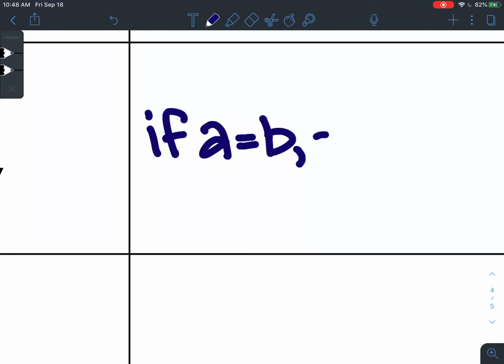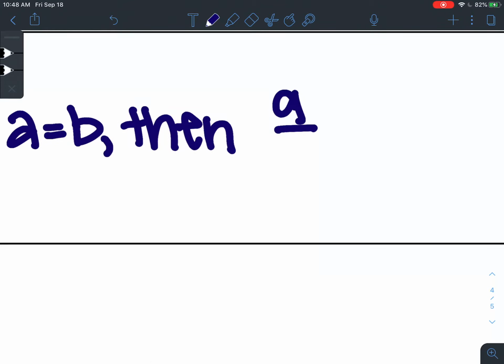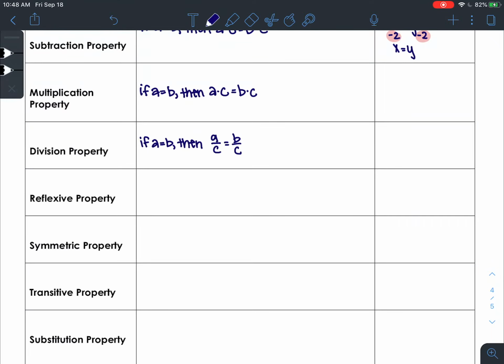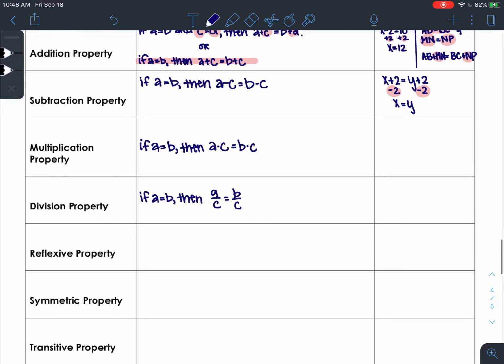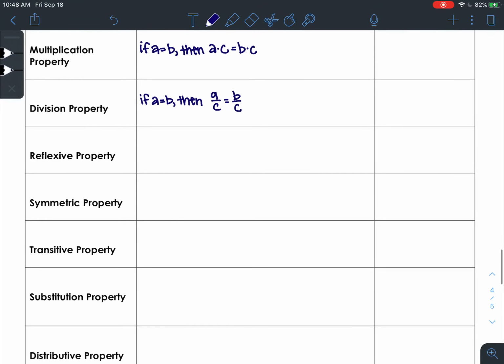The division property, one more time, is if A equals B, then A divided by C is equal to B divided by C. Okay, so those are the first four, all right? Those are all about the operations that we could possibly do and approve, okay? The next three, I don't know if you guys have seen these before, okay?